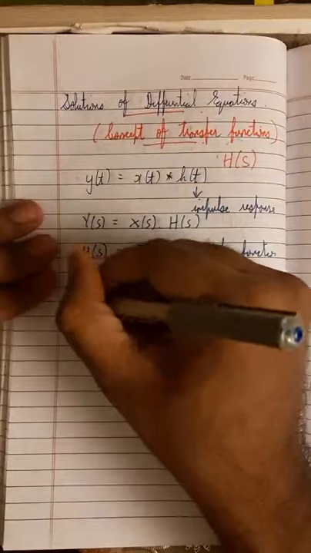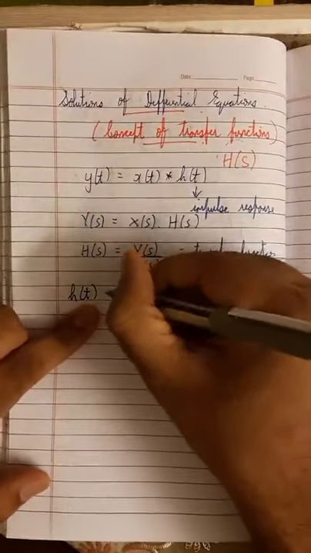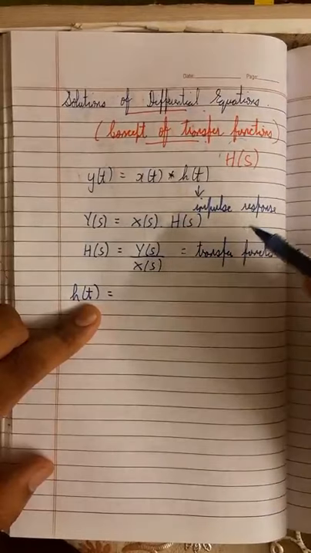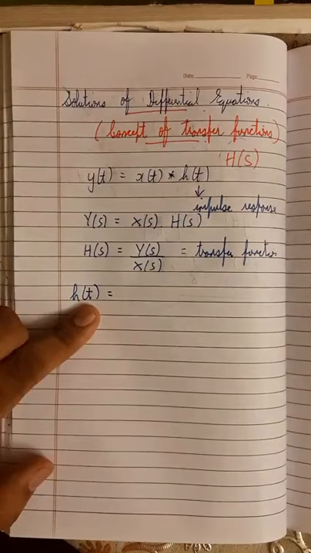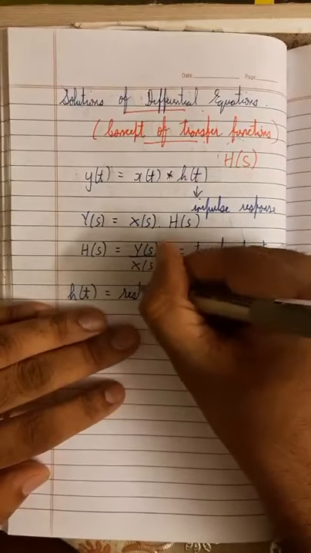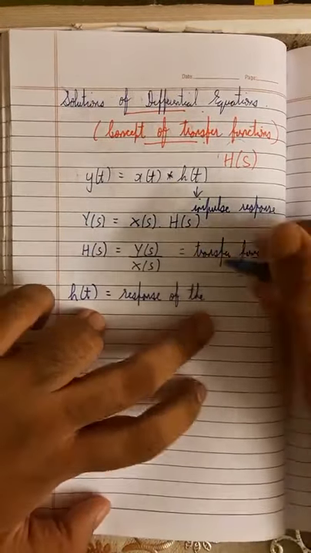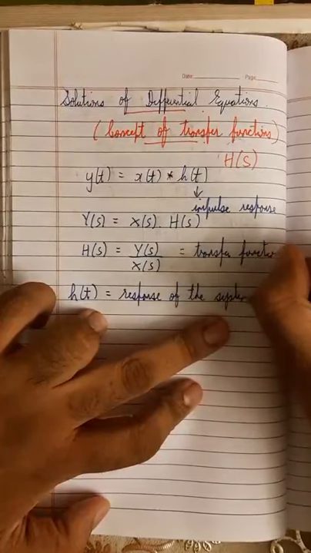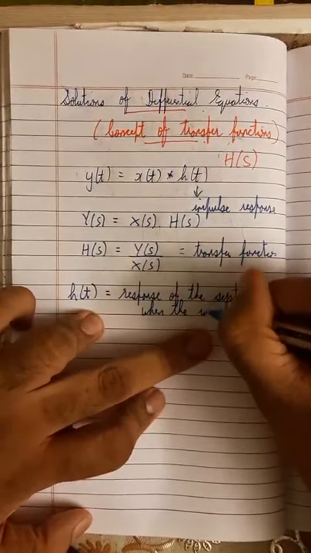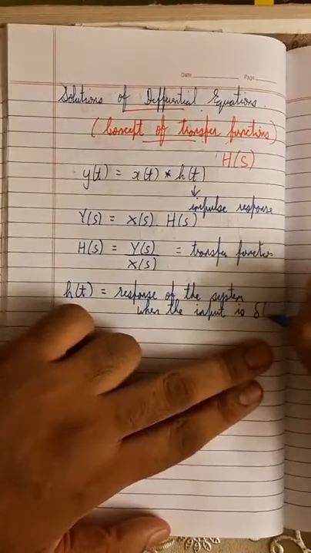So I can say that this h of t is nothing but the impulse response, or the response of the system when the input is the impulse signal del of t.